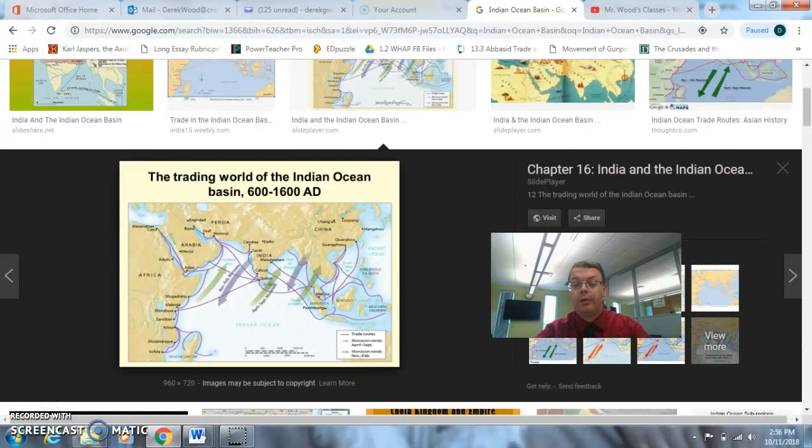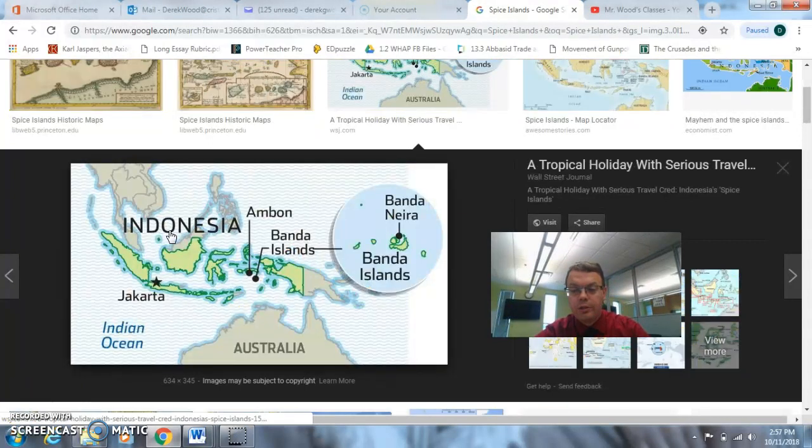Hey, back again. Guess what? That Indian Ocean trade, pretty big thing. Indian Ocean Basin, our next word, is basically just the area where the Indian Ocean trade took place. Basin means kind of like a bowl. It is the area of water around India and Southeast Asia, and Africa where the trade took place. Spice Islands are located in Southeast Asia, basically the islands around Indonesia and Malaysia today.